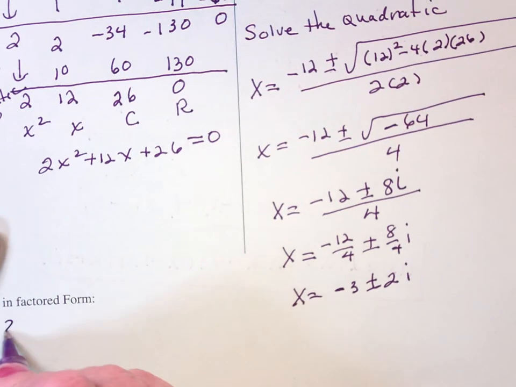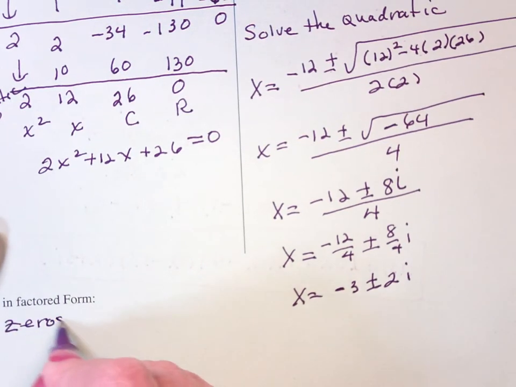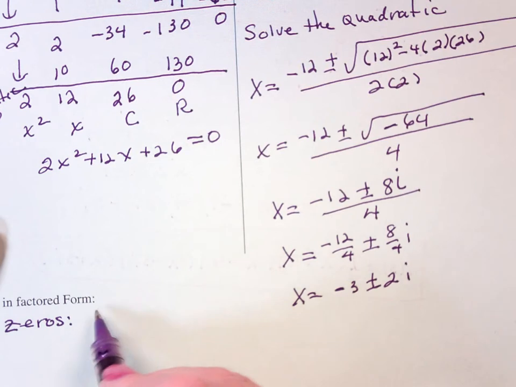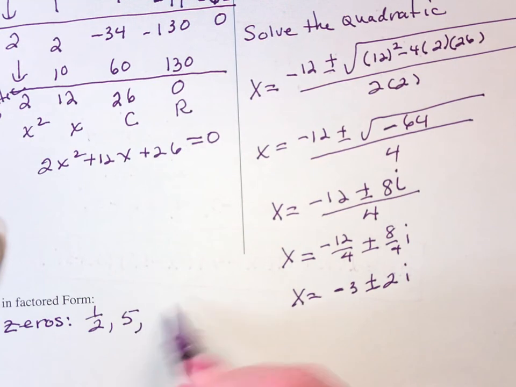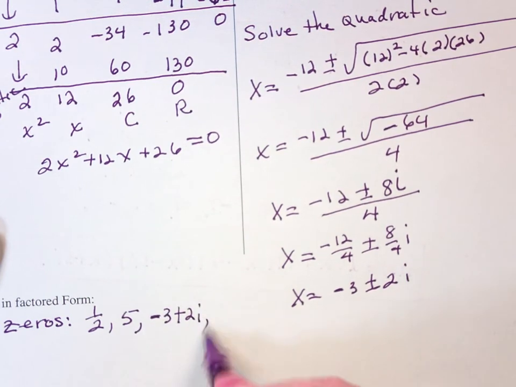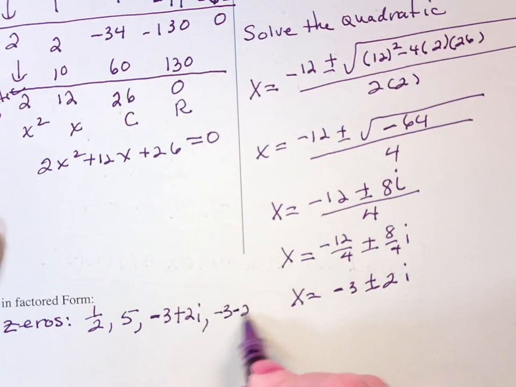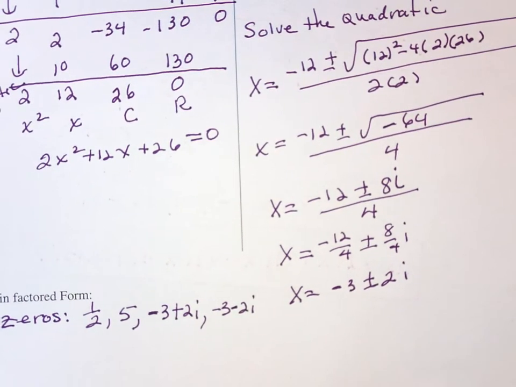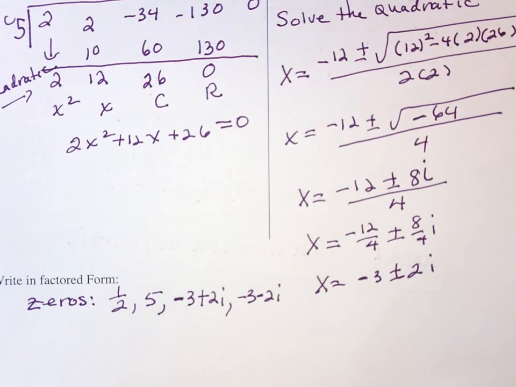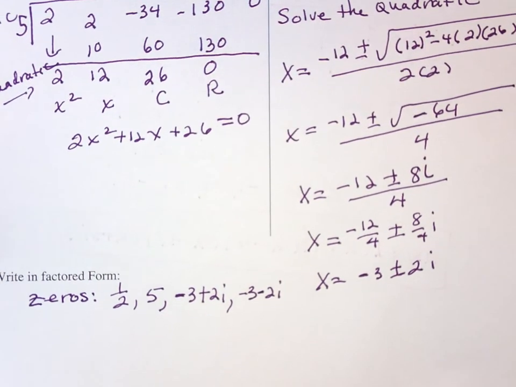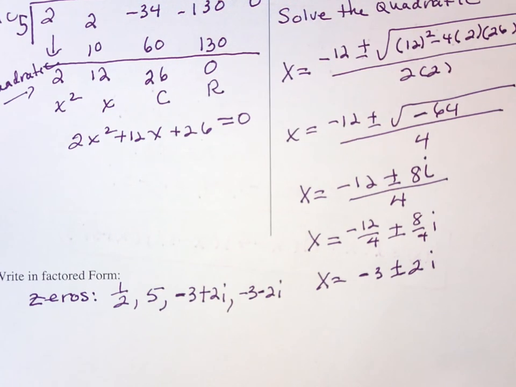So we have zeros of 1/2, 5, minus 3 plus 2i, minus 3 minus 2i. And what do we know? If we know the zeros, then we know the factors.